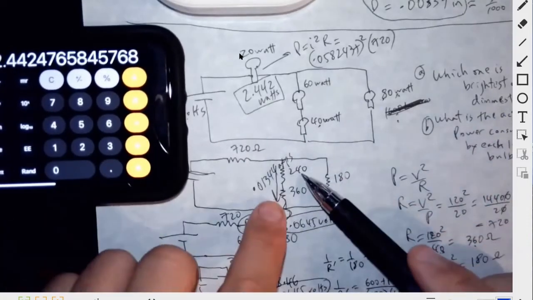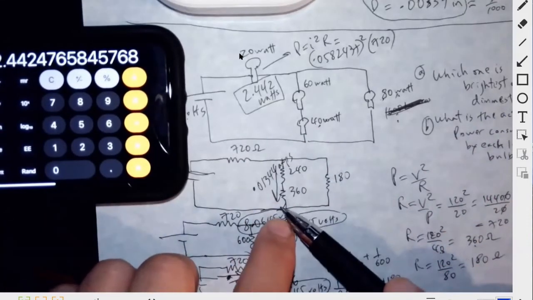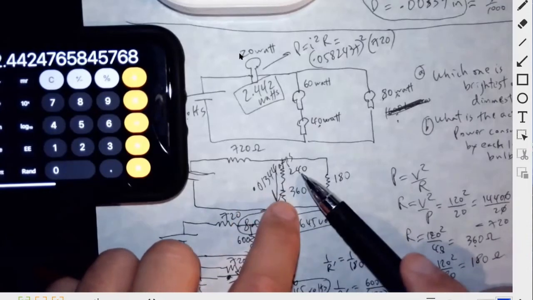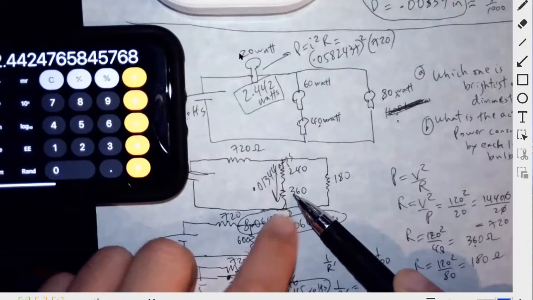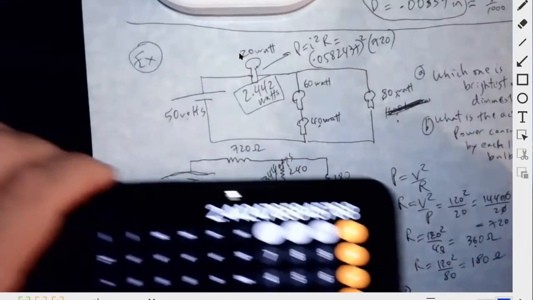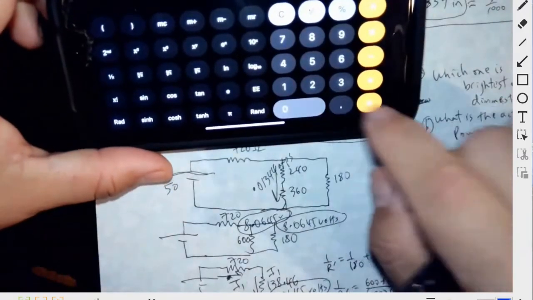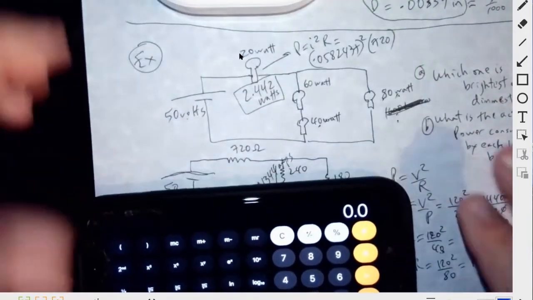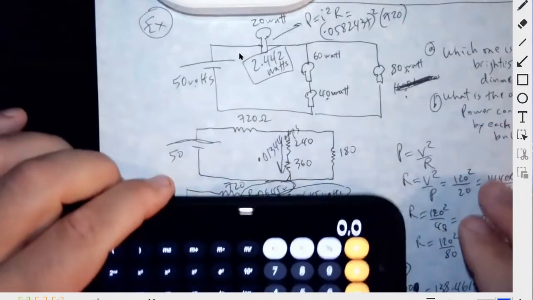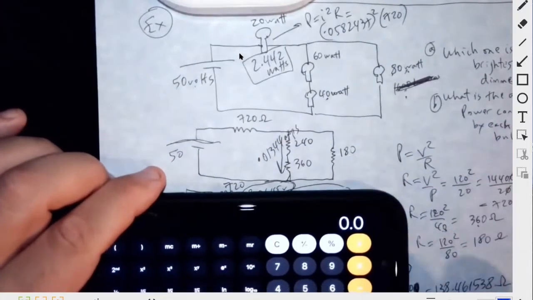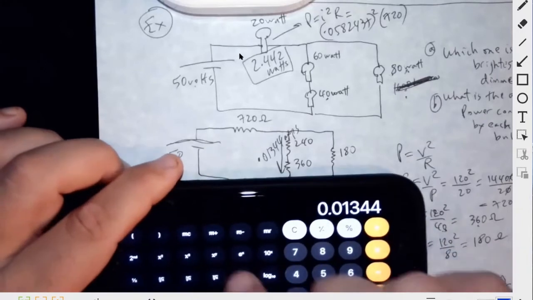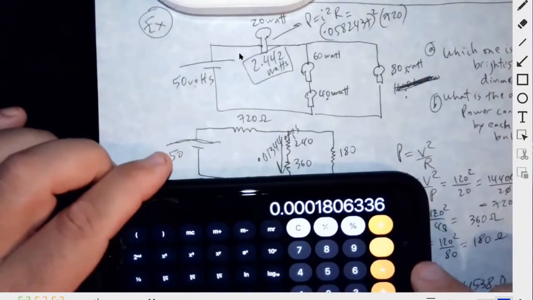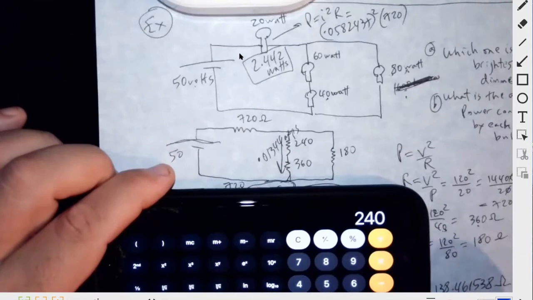Well, then the same thing with this. I know the current, so I'm just going to do the current squared times 240. Current squared times 360, right? That's all I'm going to do for that guy. So 0.01344 squared times 240.